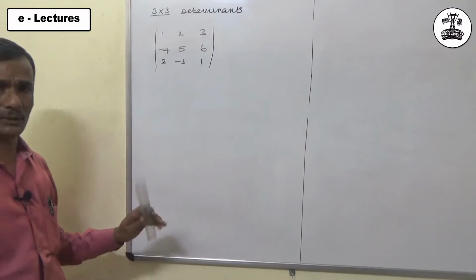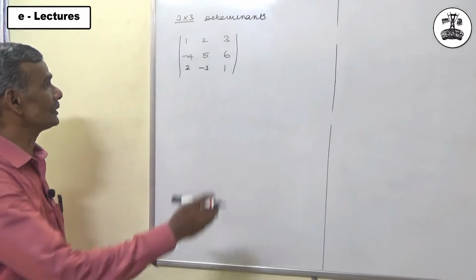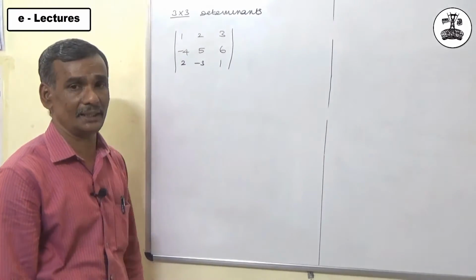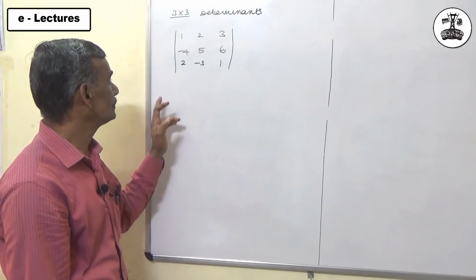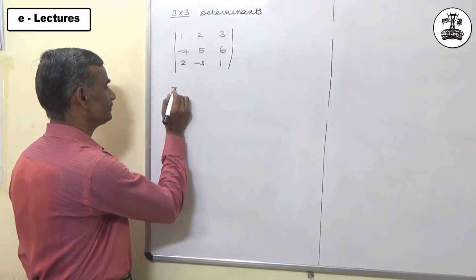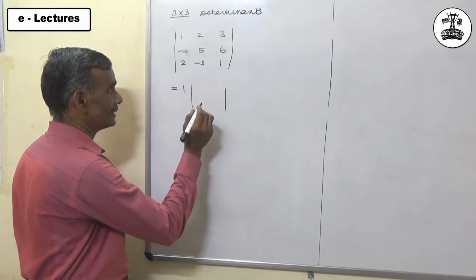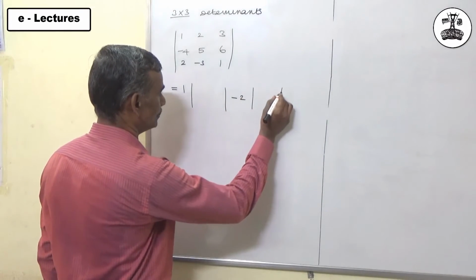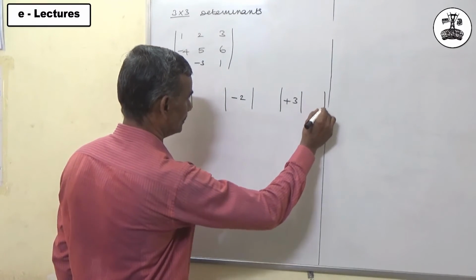Next we are going to see the 3 cross 3 determinant. Consider the determinant with rows 1, 2, 3; minus 4, 5, 6; 2, minus 3, 1. This is equal to 1 into a 2 cross 2 determinant, minus 2 into a 2 cross 2 determinant, plus 3 into a 2 cross 2 determinant.